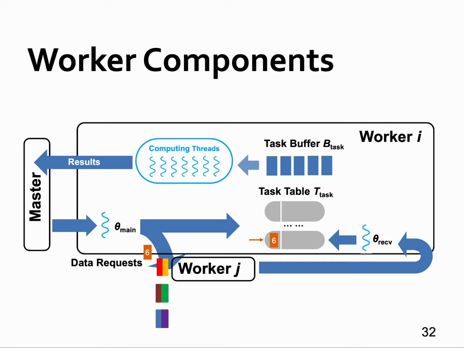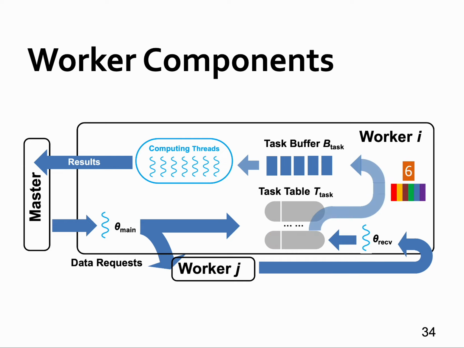The main thread then requests column data from other workers for node 6 rows, and meanwhile inserts an entry for task 6 in the task table to wait for data collection. When the last data response is received for task 6, task 6 is then moved into the task buffer waiting for computation by an available computing thread.